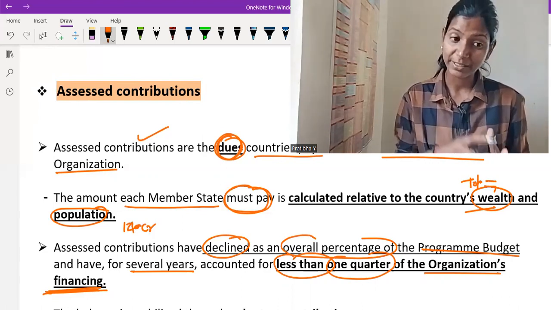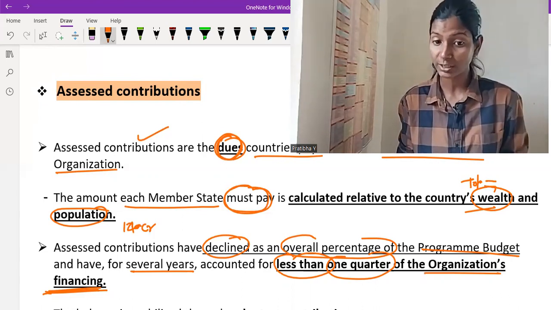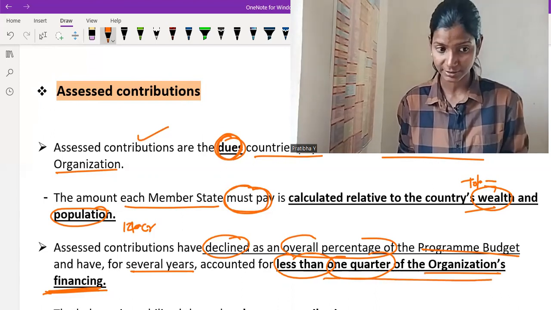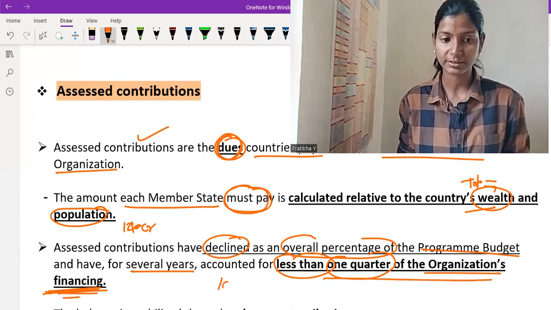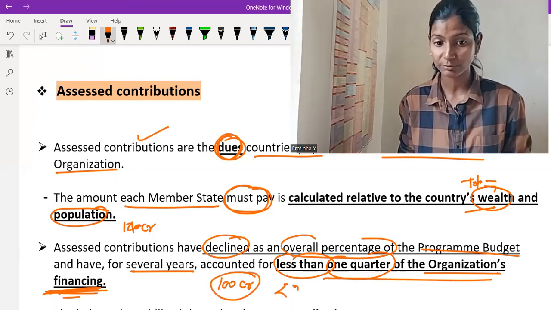So for several years, less than 1/4 of organization financing. That means if organization financing is 100 crore, less than 25 crore of funding has come from the SS contribution in the last several years.